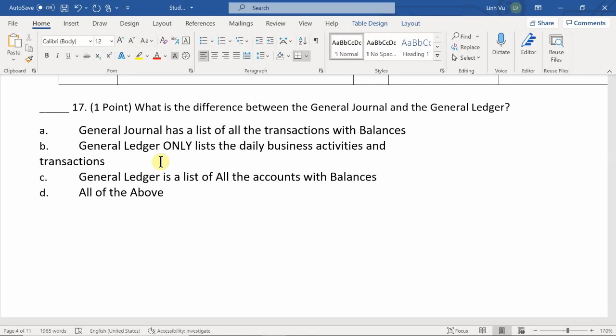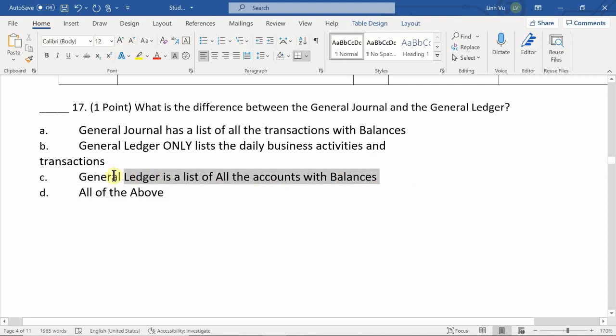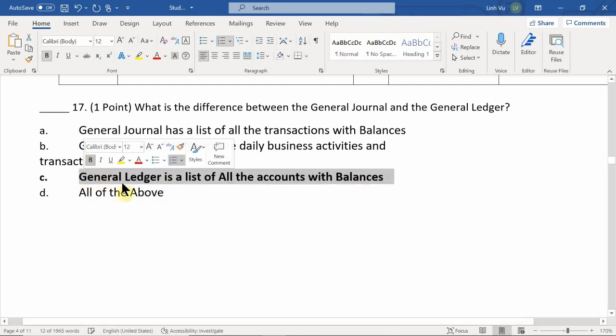Is a C. It is C, right? The ledger is a list of all the accounts with balances. Good. Okay.